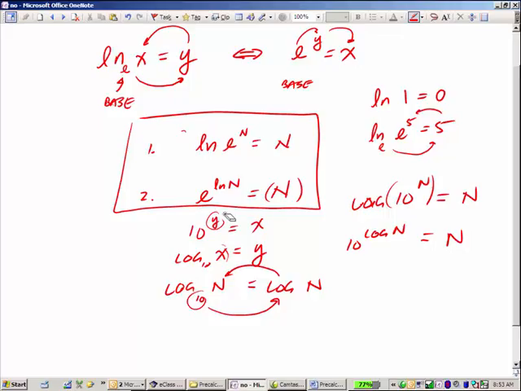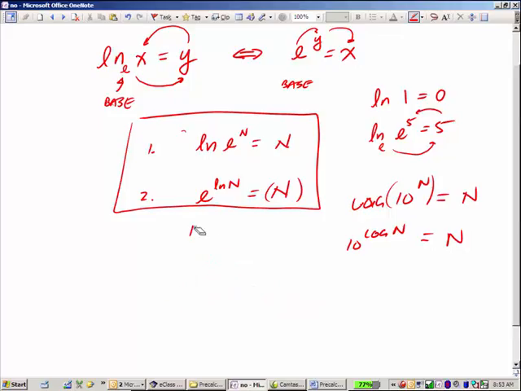And I think this is going to be similar. If I were to write this in logarithmic form, it would say the natural log of n equals the natural log of n. Actually, I'll start with this.